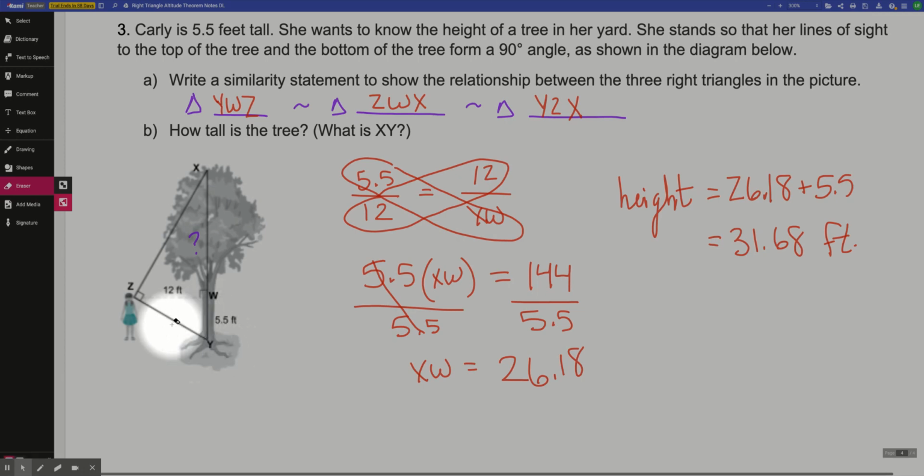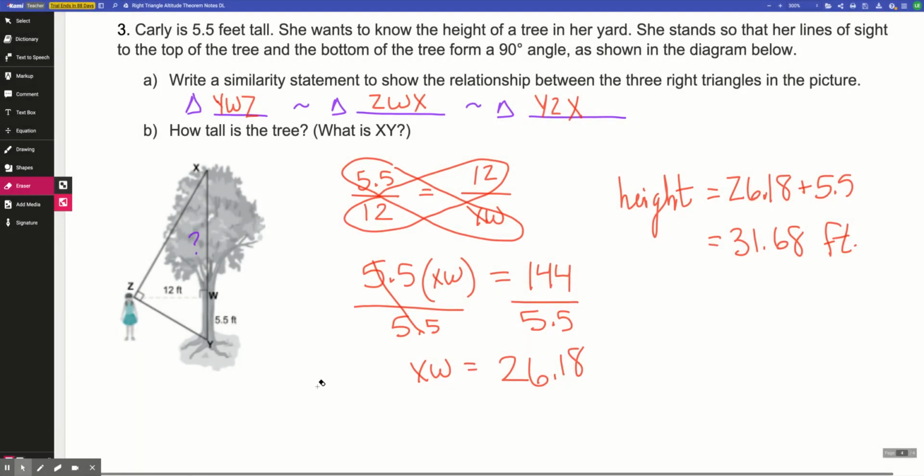In this small triangle at the bottom, I went along the shortest side, YW, and then up the longer leg. So short leg, long leg. YWZ was my first one. For my medium triangle, it would be ZWX, because I'm going along the shortest side of the triangle to the right angle and then going up the other leg. And for the big triangle, it was YZX.